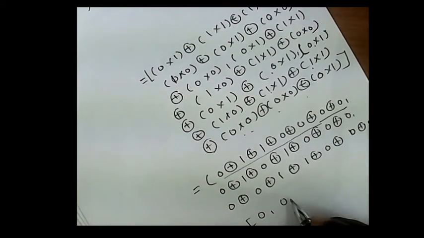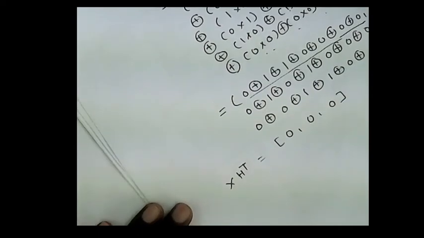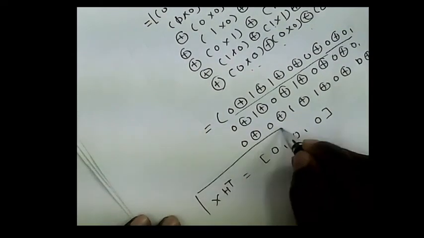For the first row and second column, the answer is also 0, and 0. So we can prove the property that the multiplication of any code vector with the transpose of the parity check matrix is 0.